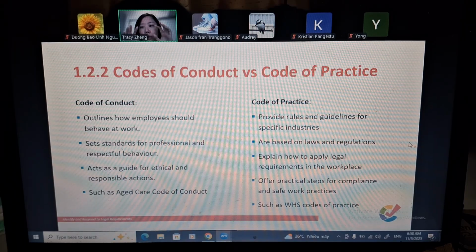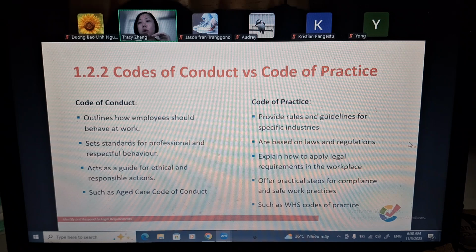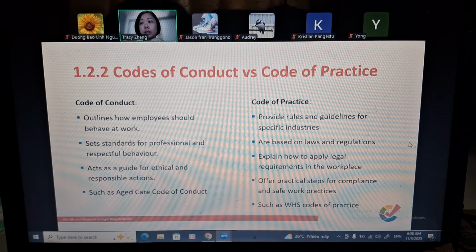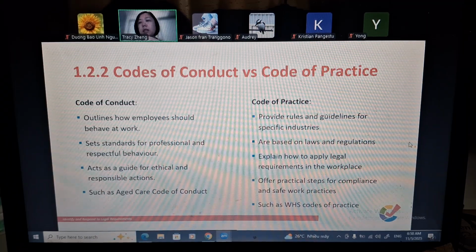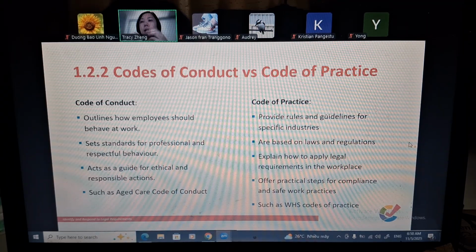So I'm trying to help you understand the differences between code of conduct and code of practice. A code of conduct is more of a guideline for every worker in your own industry on how you should behave at the workplace. But a code of practice is published or developed by the government departments or the relevant industry agency.